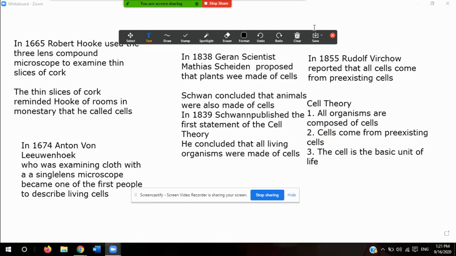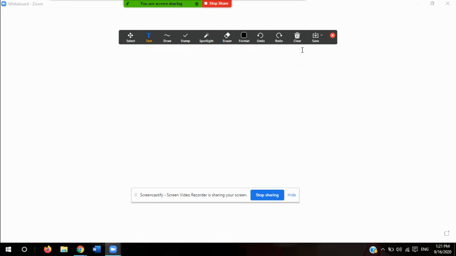Okay. Now let's talk a little bit more specifically about certain other aspects of the cell. So we know the cell theory and we know the events that led up to its discovery, but here are some other things that we need to understand. Let's write down some general traits of cells.